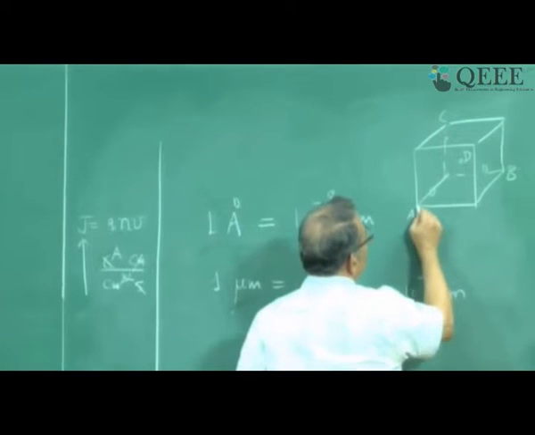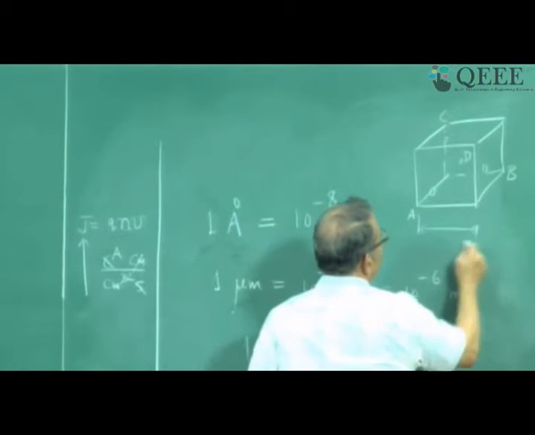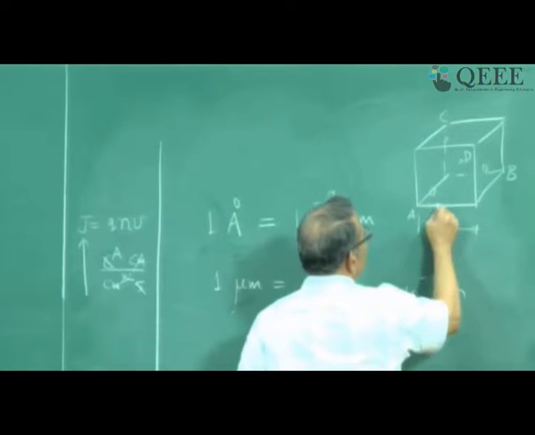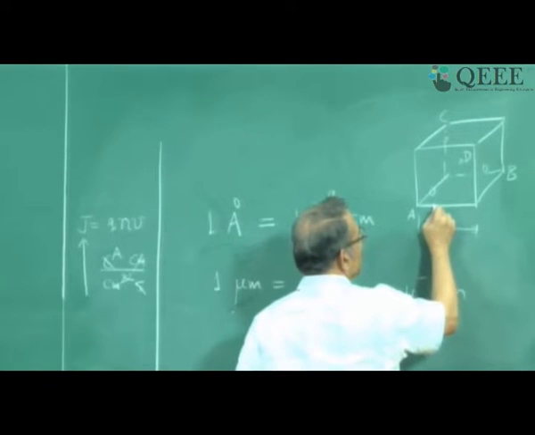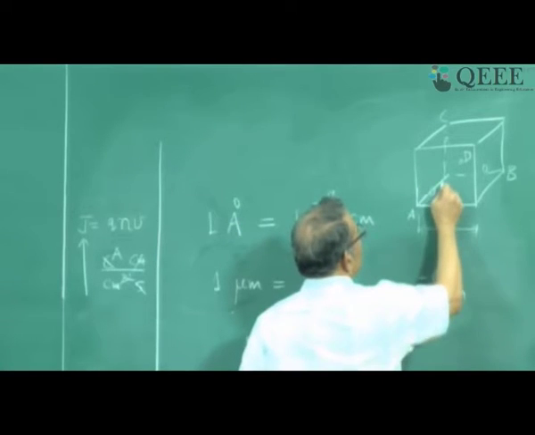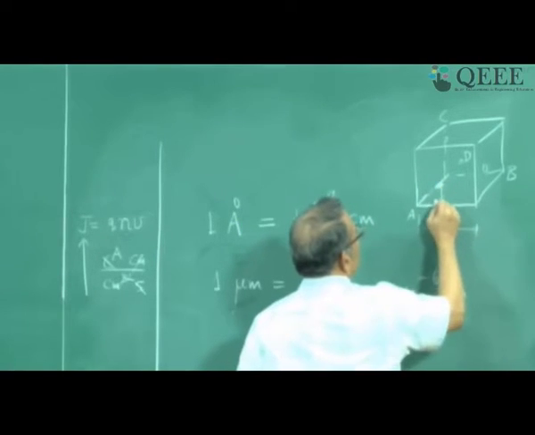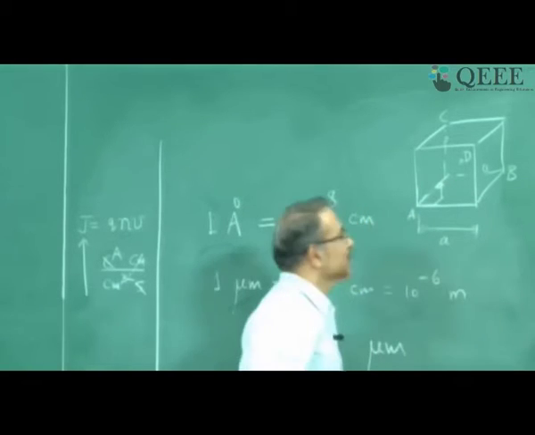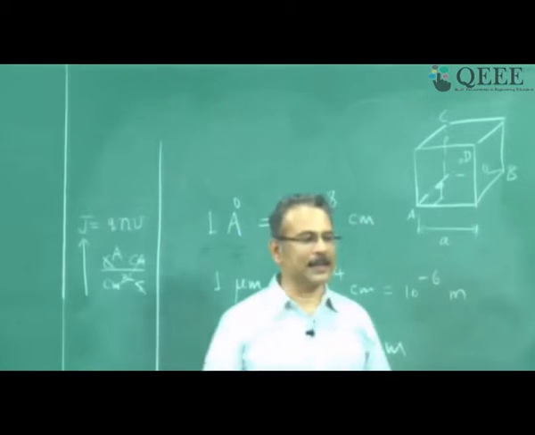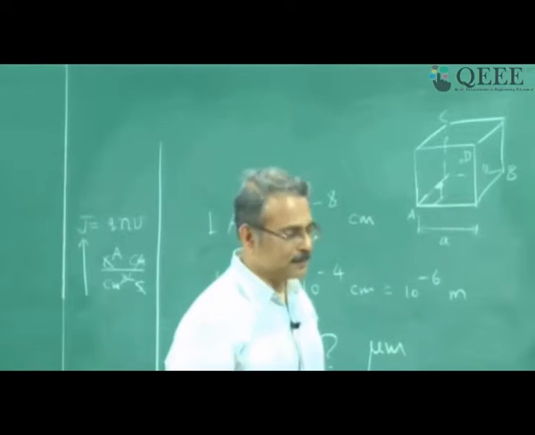Supposing I say this dimension is A, this atom is A by 4 along this axis, A by 4 along this axis, A by 4 along this, right? So A by 4, A by 4, A by 4, that is what it is. Similarly, you have other atoms located there. That is the arrangement for silicon.